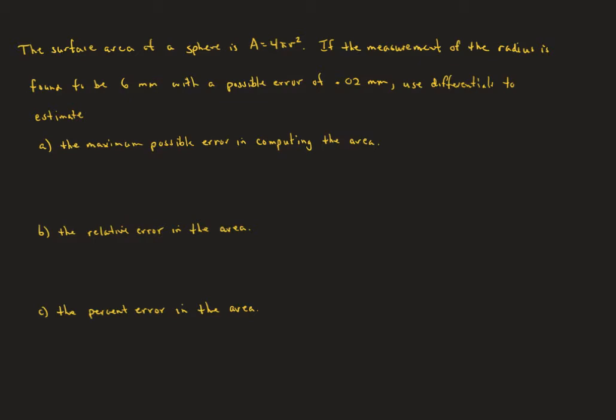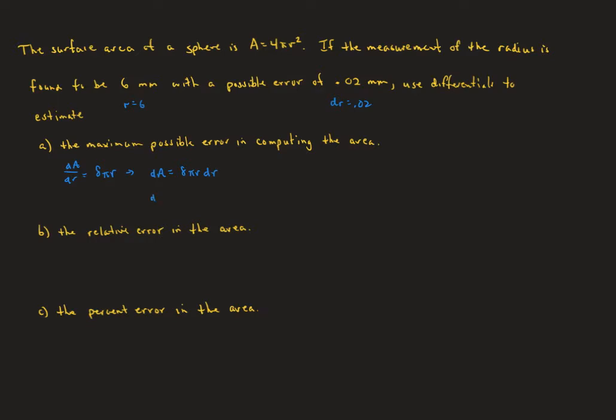So we're going to take dA/dr, which, the derivative of 4 pi r squared with respect to r, is going to be 8 pi r. We multiply the differential dr to the other side and get dA equals 8 pi r dr. Now we know from the information given that r is 6 and dr is 0.02.